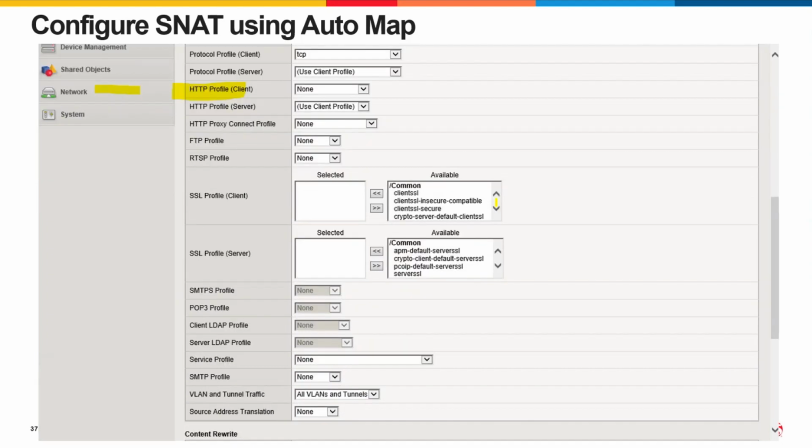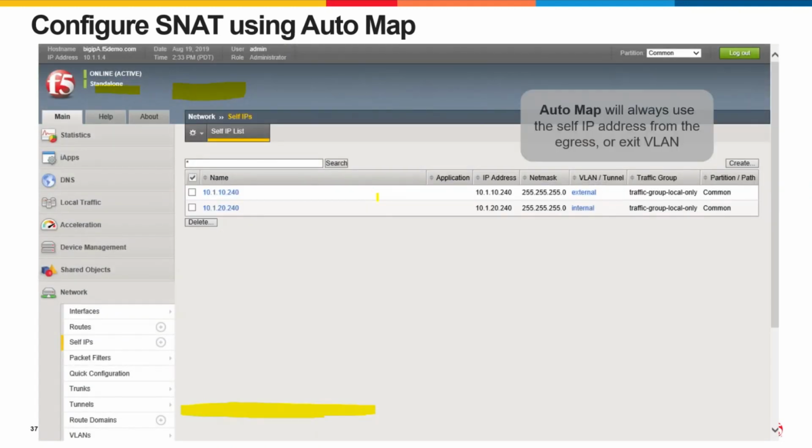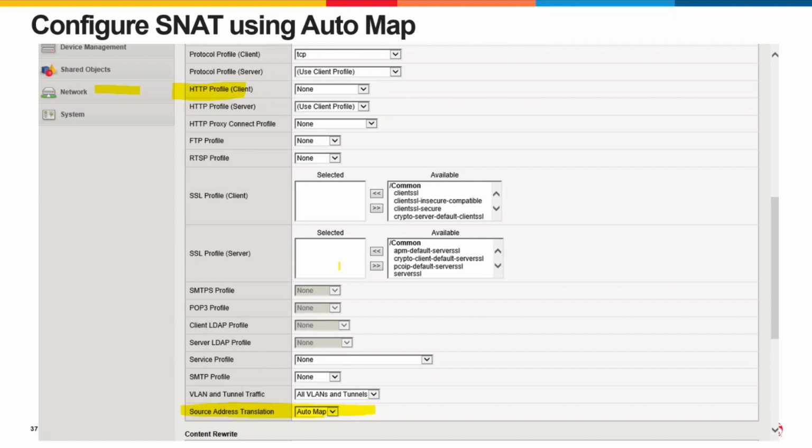So it will automatically assign the correct IP address. You don't need to worry about that in your configuration most of the time, of course. The configuration is here: source address translation, and then enable automap. We are going to configure that in just a second.